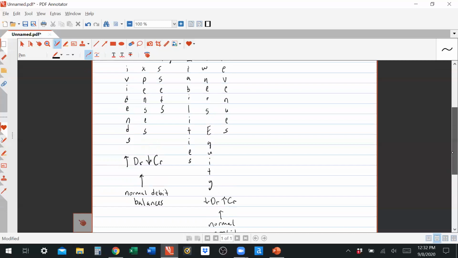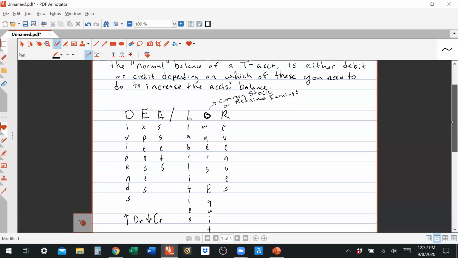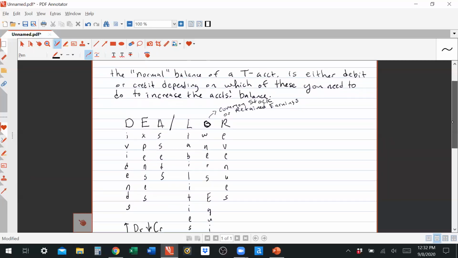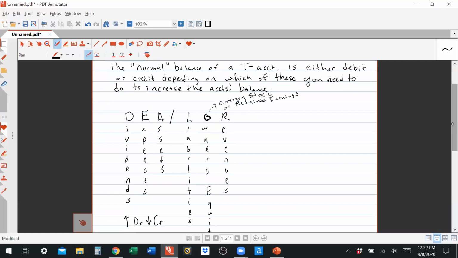So, given any economic event, you figure out which accounts are involved. Each of those accounts that you've determined are involved, you need to put into one of these 6 categories. Any account within a company is put into one of these 6 categories, and only one of these 6.